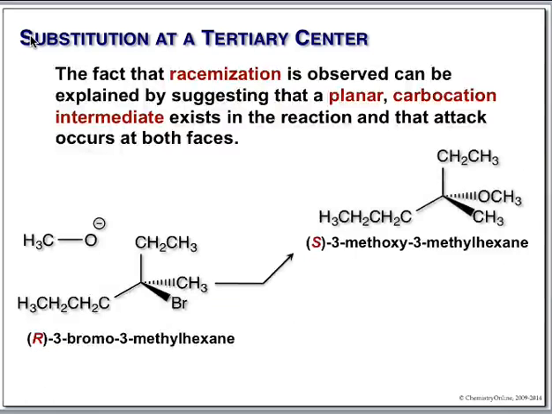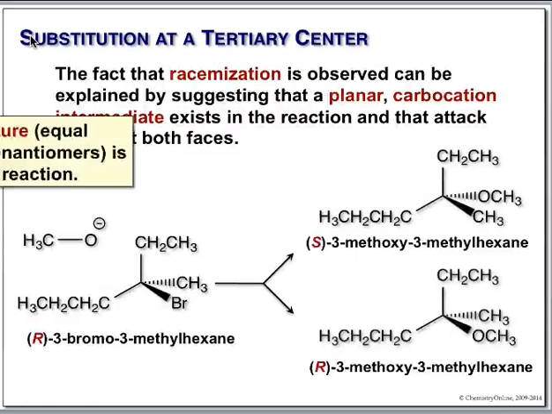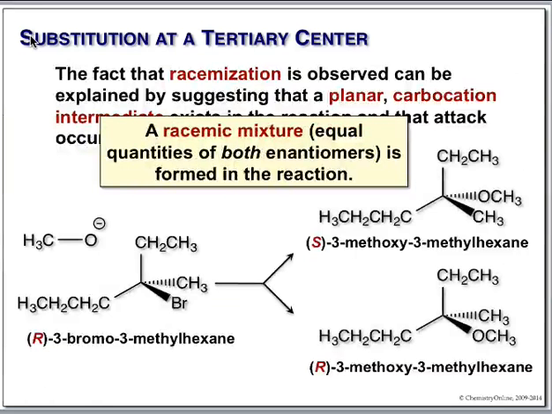Once again, with this compound, however, we don't just get this compound, we also get an equal quantity of the R isomer. All right, so what's happening here? Why is a tertiary halide so much different than a primary?